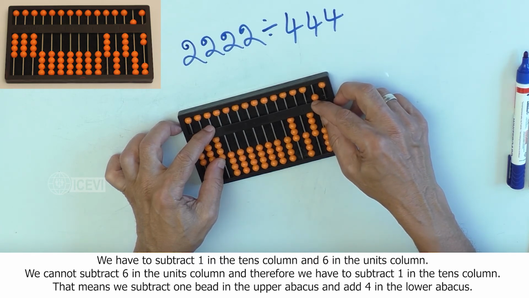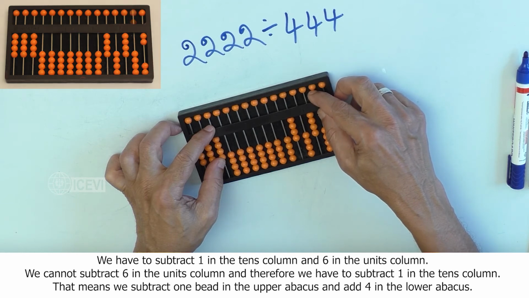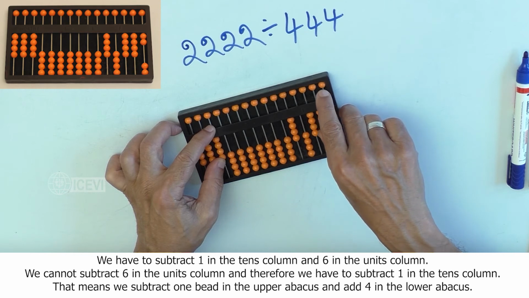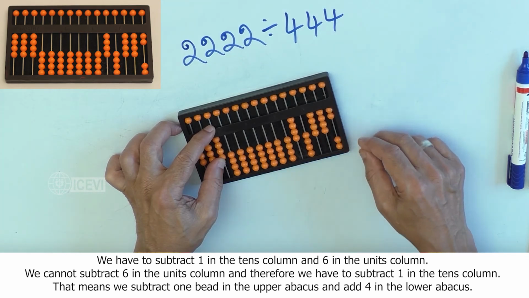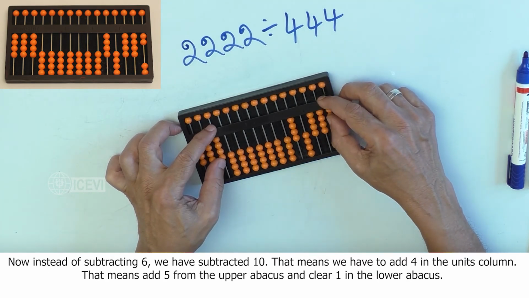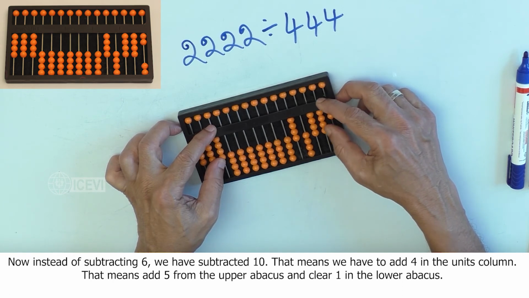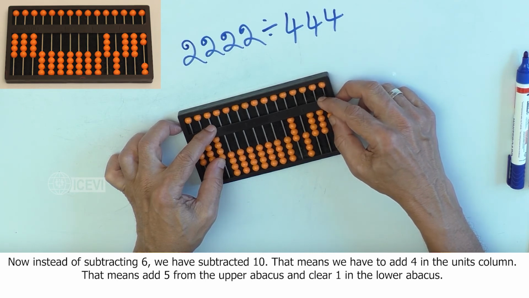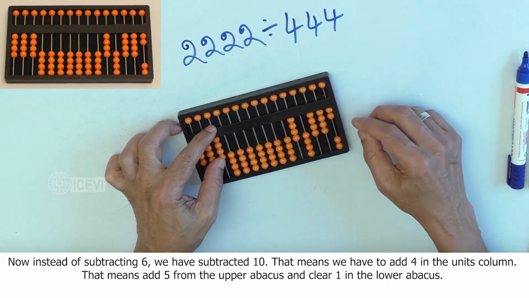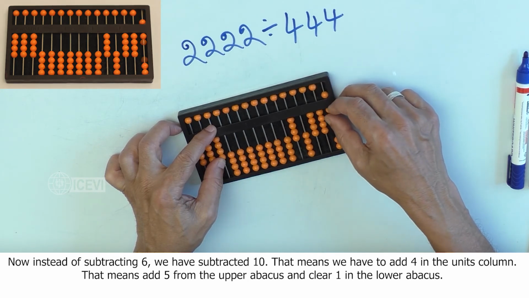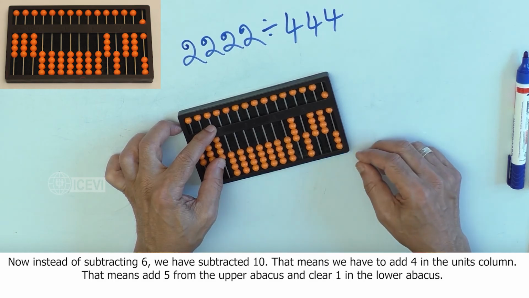That means we subtract 1 bead in the upper abacus and add 4 in the lower abacus. Now, instead of subtracting 6, we have subtracted 10. That means we have to add 4 in the units column. That means add 5 in the upper abacus and clear 1 in the lower abacus.